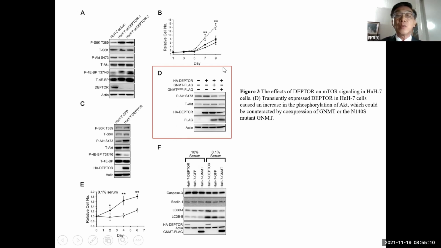So we used a typical functional assay in the Q7 cell, and you can see that this N140S mutant of GMT still possesses almost identical function as the wild type GMT in counteracting the deptol inhibition of mTOR.